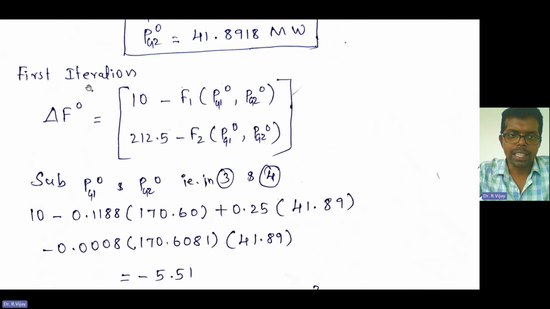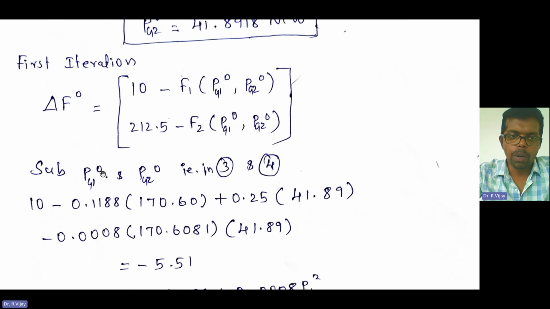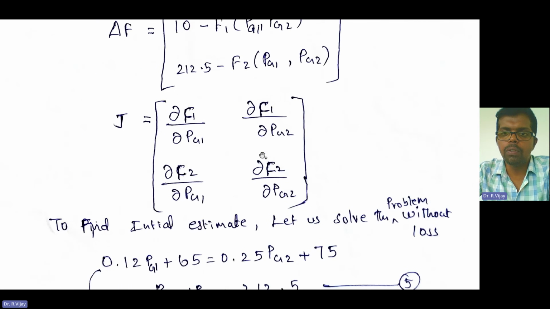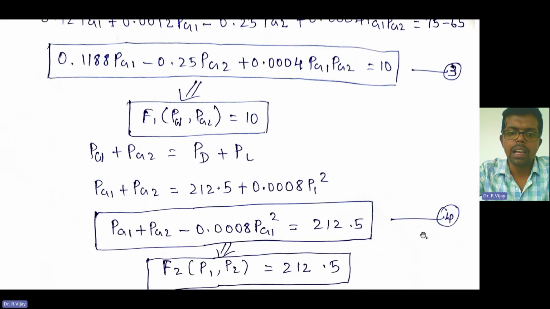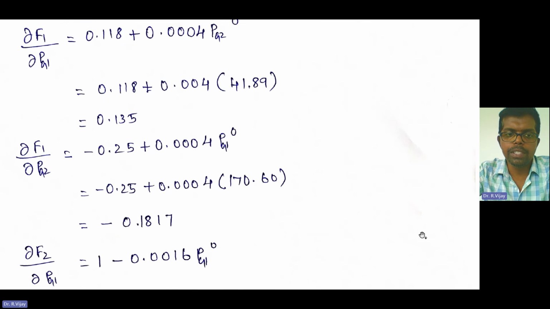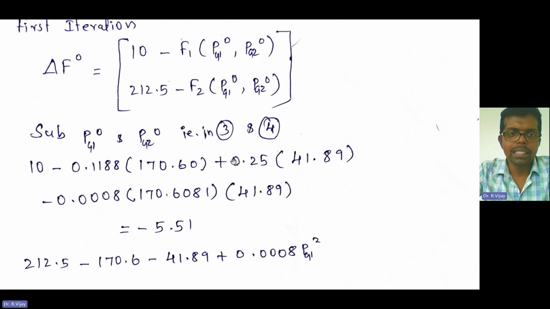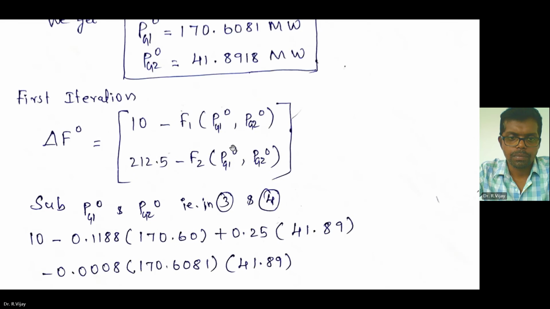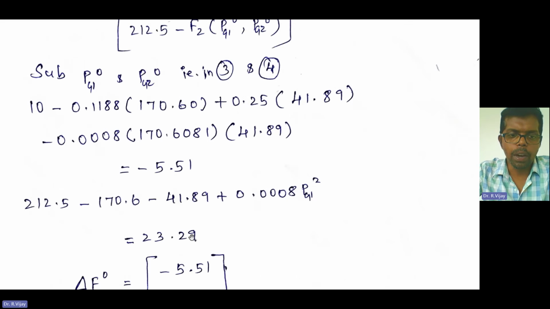So we substitute Pg1 naught and Pg2 naught, that is the initial values, in equations 3 and 4, the functions. Substitute these in the previous equations and we get the answer as minus 5.51 and 23.29.